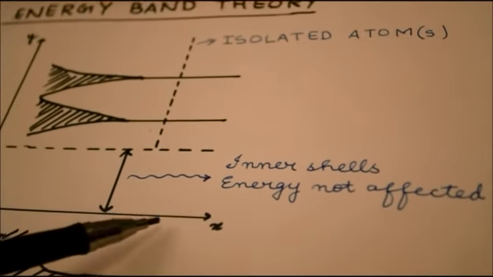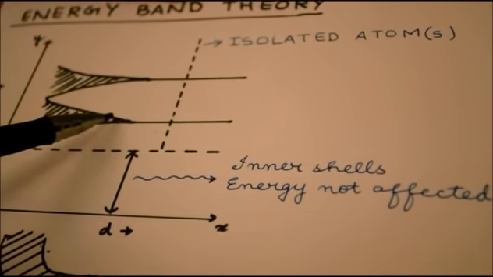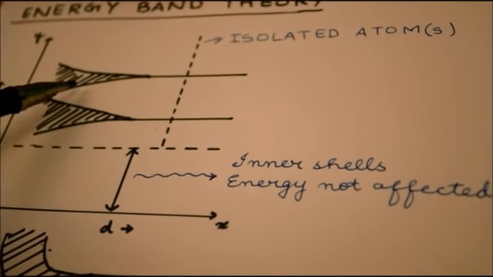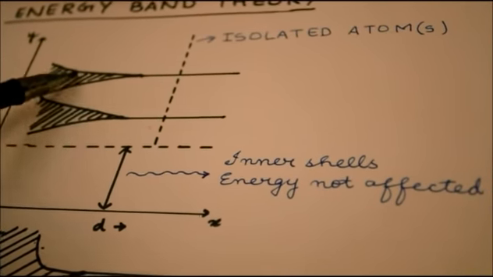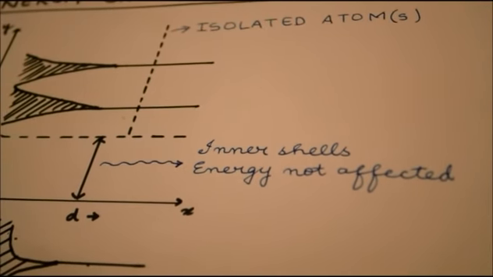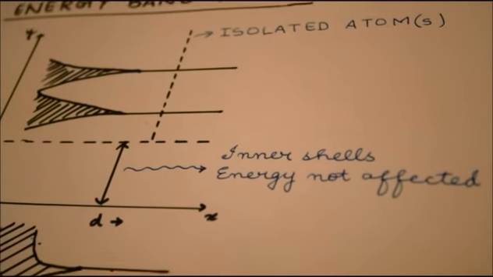As we reduce the interatomic spacing between those two atoms, we can see that a structure is being formed at each atom. The shaded portion is the probability of finding the electron in different spaces, which we studied in psi.